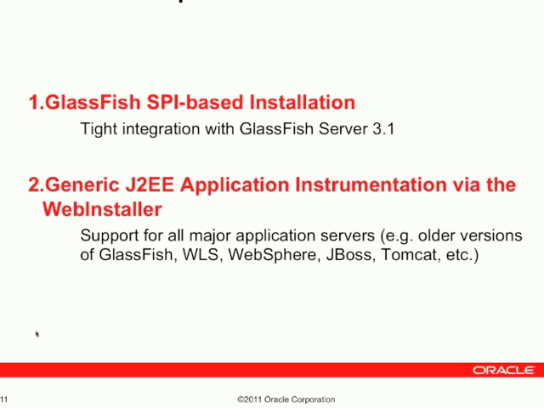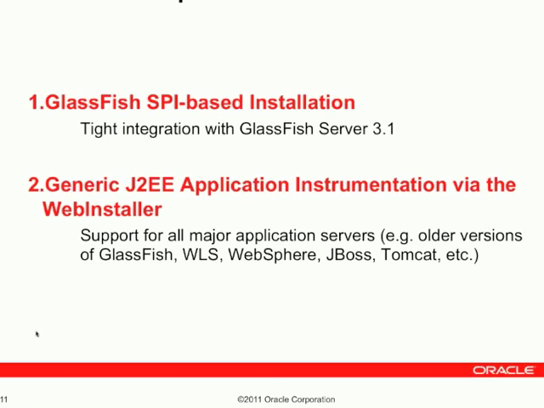Basically, this provides a complete drop-in replacement for the state replication that exists in Oracle GlassFish Server out of the box. This first deployment option is very easy to set up, and I'll describe what you have to do, but effectively you don't really have to change the application at all.